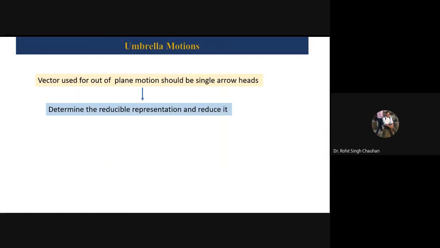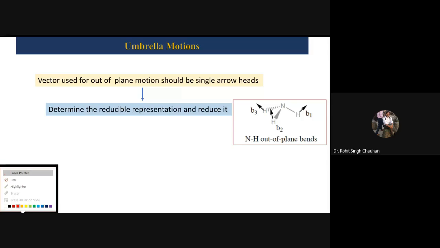Now, for the umbrella mode, the vector used for out-of-plane motion should be a single arrowhead. That is a depiction mode. So if you see, this is out of the plane. Now see, I will tell you how it comes to be umbrella, and why we call it umbrella. If you see this B3 and B1, they are going to be out of the plane. And even this one, B1 also.